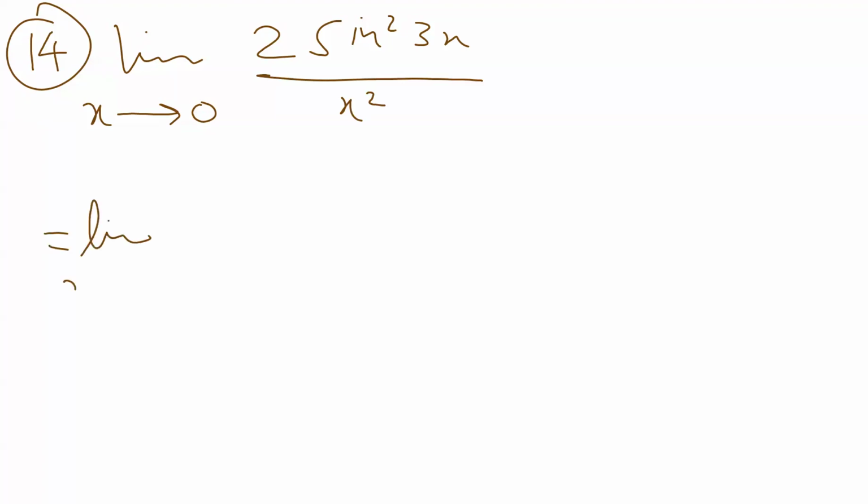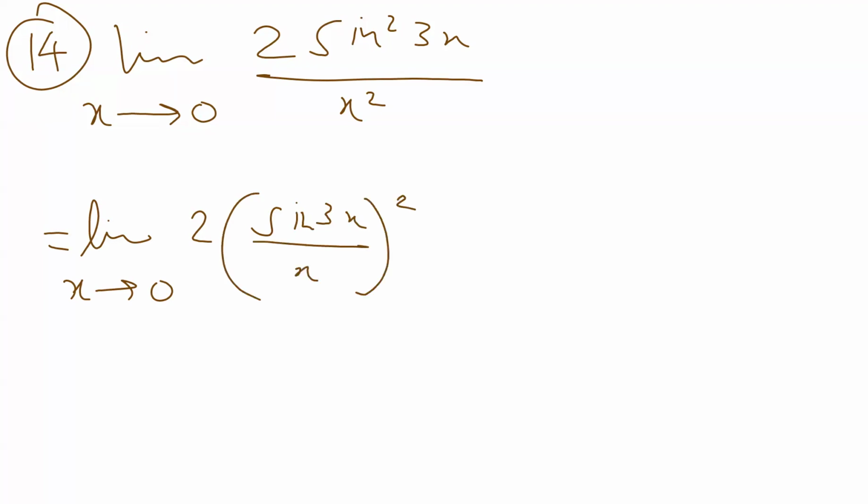We have a common square over there, so we can group the square. Now, can you tell me what to do within the bracket? Multiply and divide by 3. Perfect.